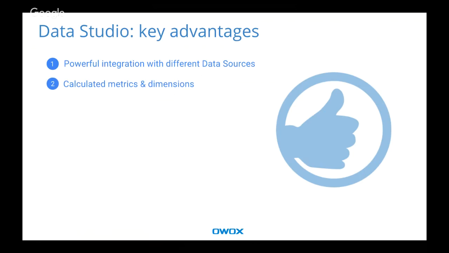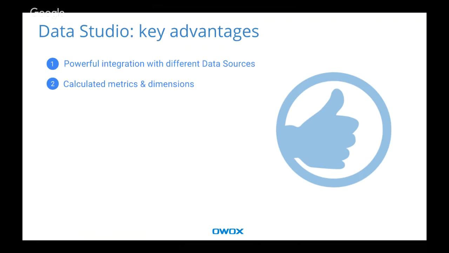Then it has calculated metrics and dimensions. So you can run some simple calculations, and you don't need to make changes to your data source, because it could be used for other reports and dashboards. So you don't need to prepare different data sets for every single report that you want to create.